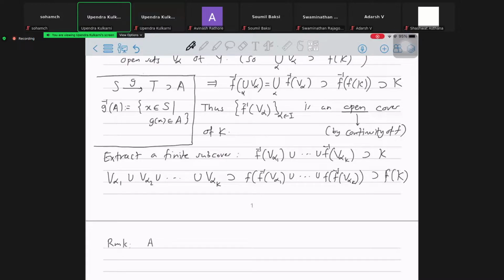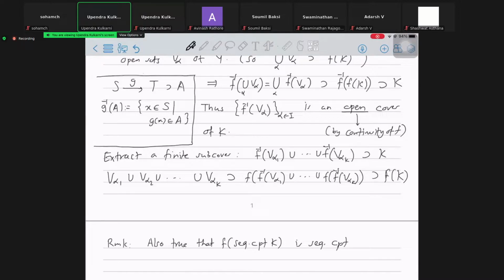Also true that f of sequentially compact k is sequentially compact, and the proof is easy.